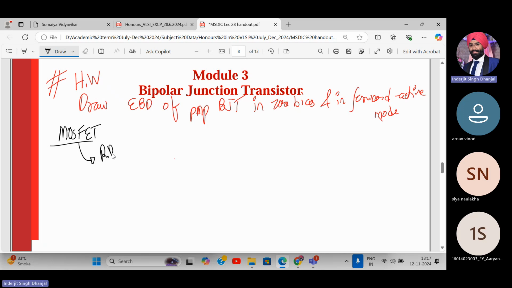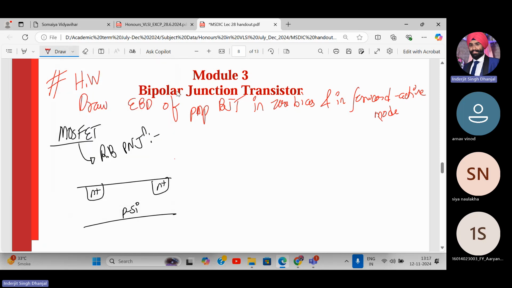If you see the substrate material in a MOSFET, so here it is a MOSFET. This is N plus, this is N plus, this is the substrate. So basically, a reverse bias PN junction exists over here and here.